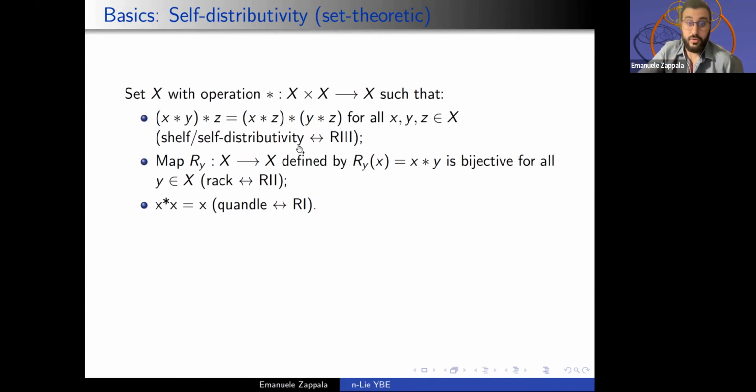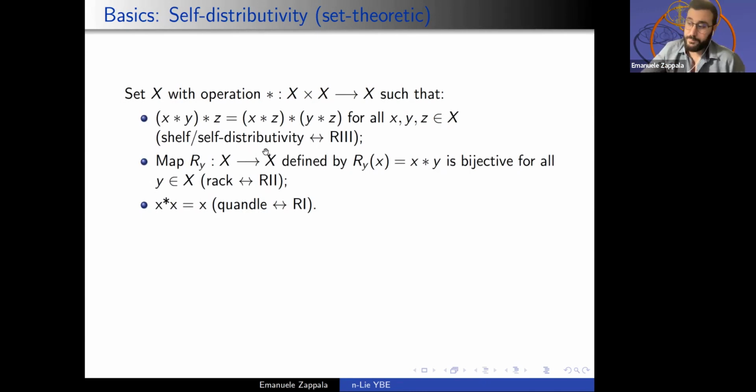And this corresponds to self-distributivity and Reidemeister move 3. And structures that satisfy this are called shelves. And if the right multiplication is also a bijection, this is Reidemeister move 2, and it's called a rack. And if, yeah, this is not power, it should be star, a mistake. If it's also idempotent, so everything squares to itself, then this is Reidemeister move 1, and this structure is called a quandle.